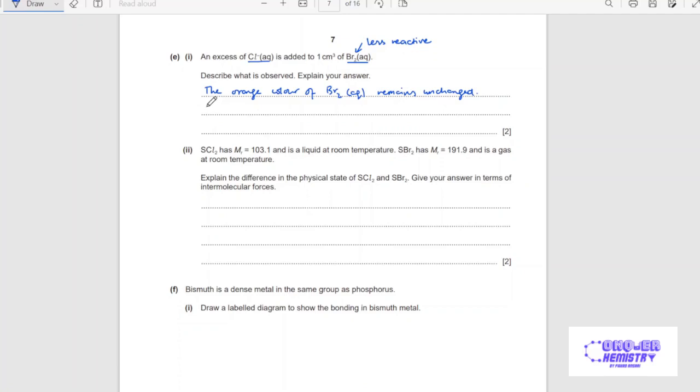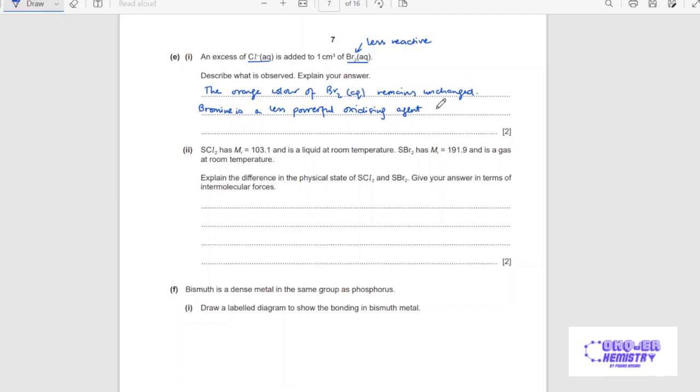So that's what we're going to write. We will write that Br2, or we could just write bromine over here, is a less powerful oxidizing agent because it does not oxidize chloride ions to chlorine.